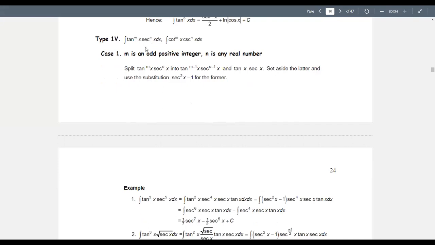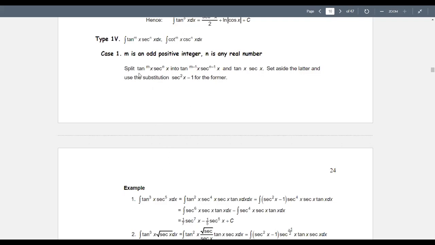The secant and the cosecant, on the other hand, under this case, have any real number as exponent. When we speak of any real number, it could be positive, negative, or a fraction. Now, what do we do?